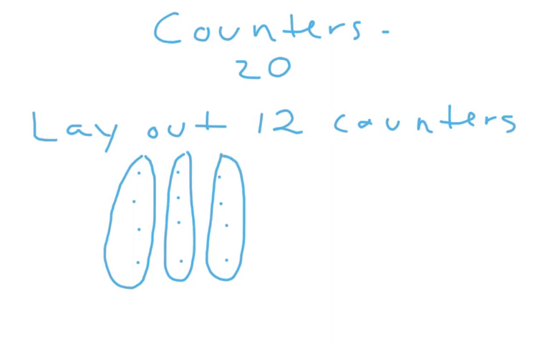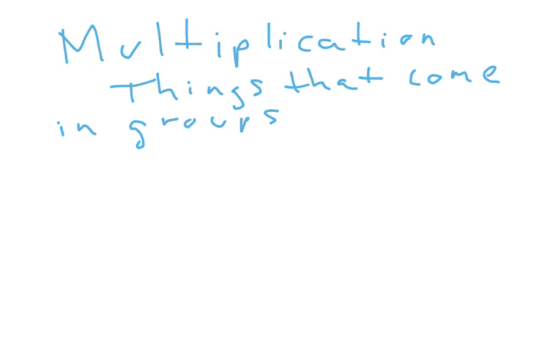So what this is showing you is what you guys already know, that multiplication is actually things that come in groups. So one way we could model that 3 times 4 problem is, let's say we have 4 tricycles and each tricycle has 3 wheels. How many total wheels do we have?